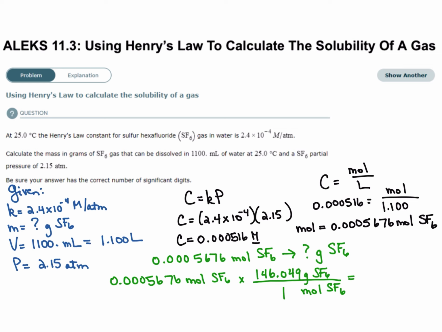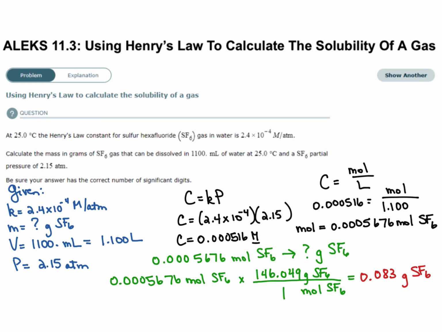I want to make sure my final answer is in the correct sig figs. I take a look at my given table, and I see that the fewest sig figs I have is 2. So my final answer will also have 2 significant figures. So I have 0.083 grams of SF6.